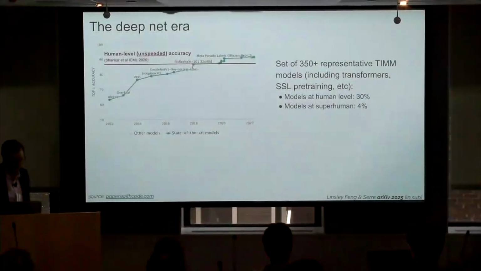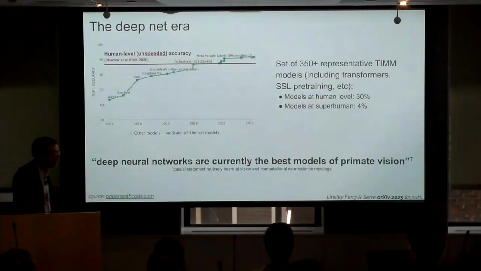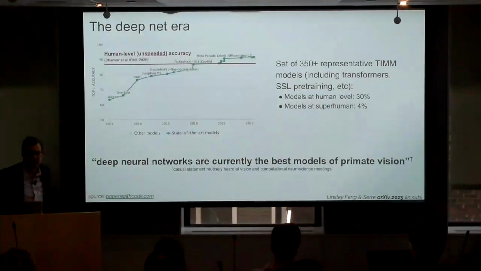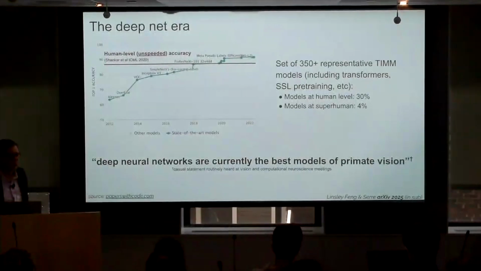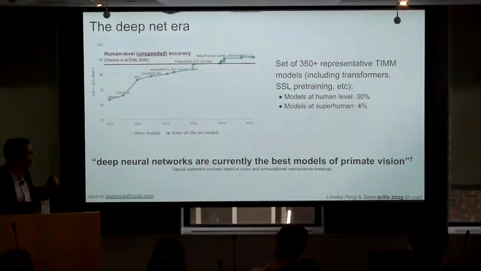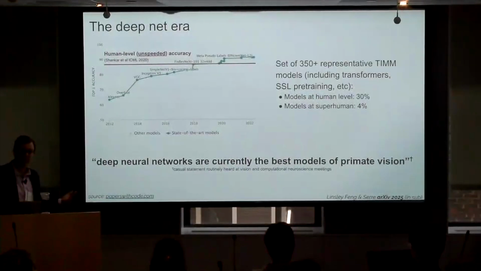So this is incredible. This is, as I said earlier, a major feat. And if you, like myself, go to the Vision Sciences Society meeting, which is the main meeting where people studying biological vision meet, you'll casually hear some of my colleagues making statements such as, deep neural networks are currently the best models of primate vision we have, which at a surface level seems like a reasonable thing to assume, but as most of you would expect, just because two vision systems operate at the same level of accuracy does not mean that they leverage the same visual strategies.